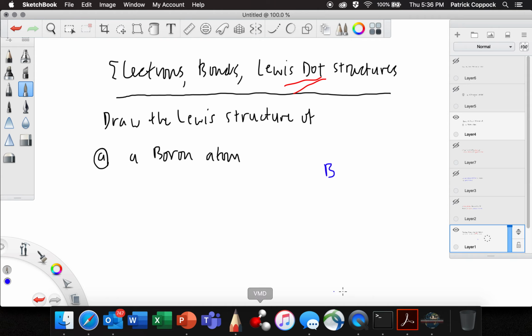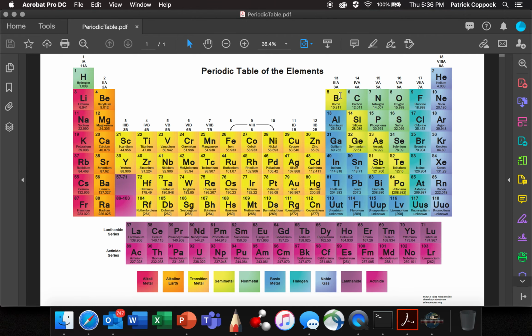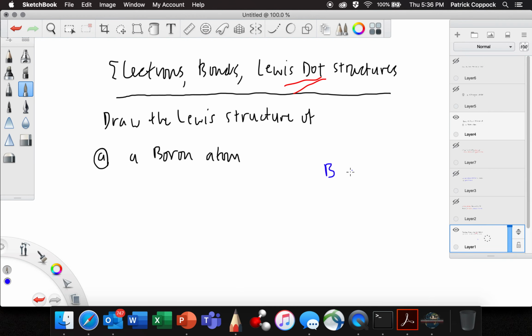Then we're going to indicate the valence electrons. Boron's in group 3. Can you see it right there? And so I'm going to say 1, 2, 3. That is the Lewis structure of a boron atom. By the way, it's just as accurate to place them differently.